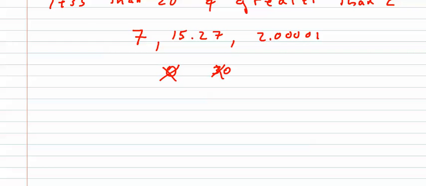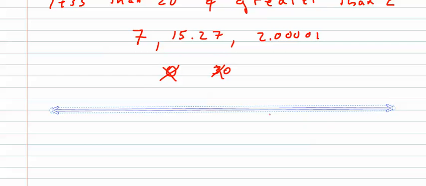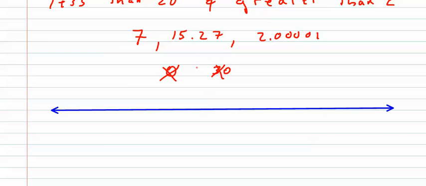So, when we're talking about graphing, when we look at numbers less than 20 and greater than 2: 0, 1, 2, 3, jump over here, 18, 19, 20, 21.